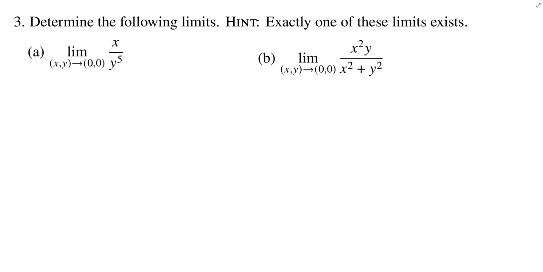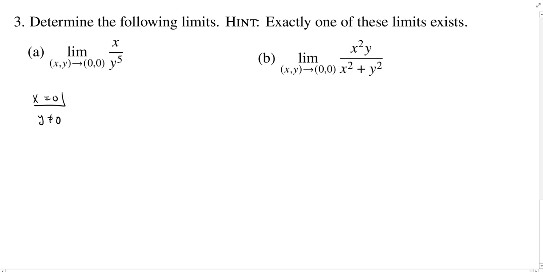So for this first one, where we have x over y to the fifth, why don't we try looking at what happens if we let x be 0? If x is 0 and y is not 0, because remember, when we take such a limit, we're never going to let (x, y) equal (0, 0).